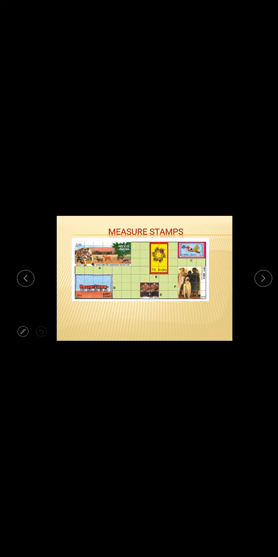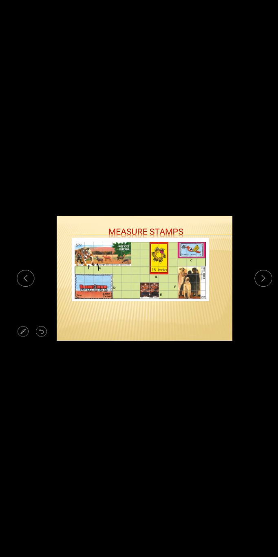For example, in the first stamp, A, how many square boxes are there? Counting horizontally, 1, 2, 3, 4, 5, 6. There are 6 boxes in length, and in breadth there are 1, 2 and 3 square boxes. So you can apply the formula, length multiplied by breadth, 6 multiplied by 3.